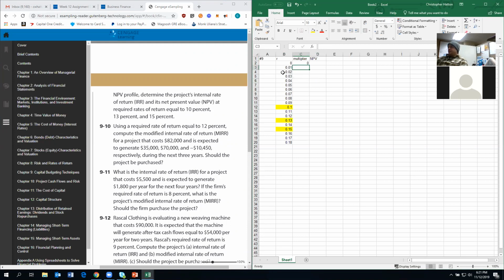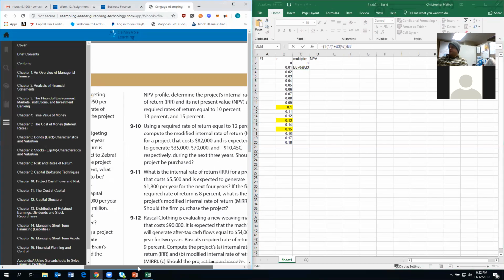So again, the multiplier is, let's see the formula. So remember, here we go, right here. So we have the 1 minus 1 divided by 1 plus the rate, to the 5.